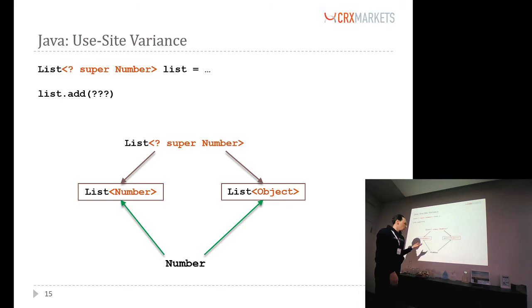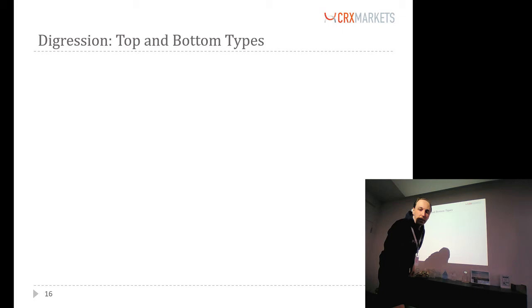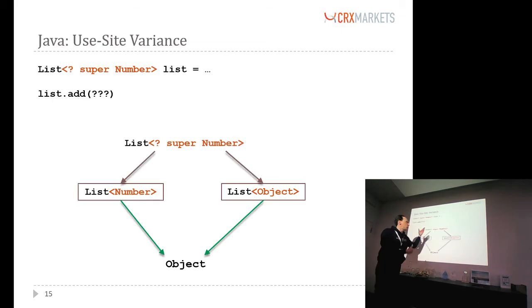But what we can receive out of it, well, anything, Object, because from here we can accept anything. So this is basically the use-site variance that we have in Java. We cannot say that this collection is covariant or contravariant, but we can say that this reference to a collection is covariant or contravariant. It looks like the same thing, but not exactly.